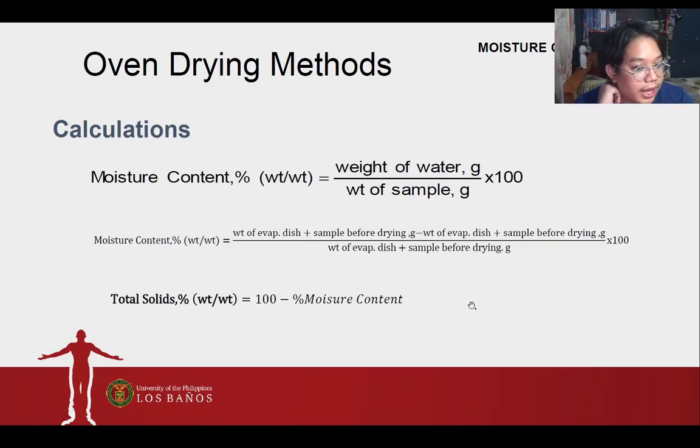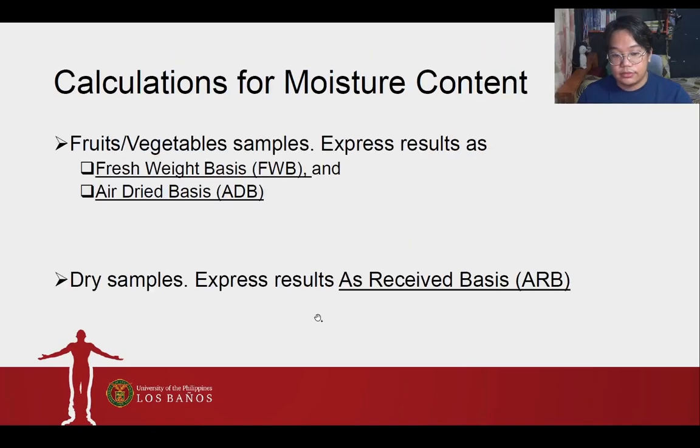Okay? Then, ang total solids naman will be determined by using the formula 100 minus percent moisture content. Okay? Kasi ang total solids plus moisture content ay equal sa 100. Alright?